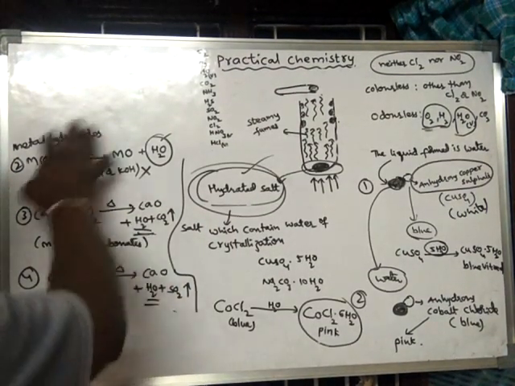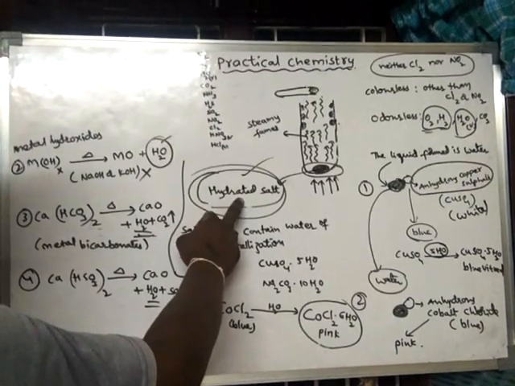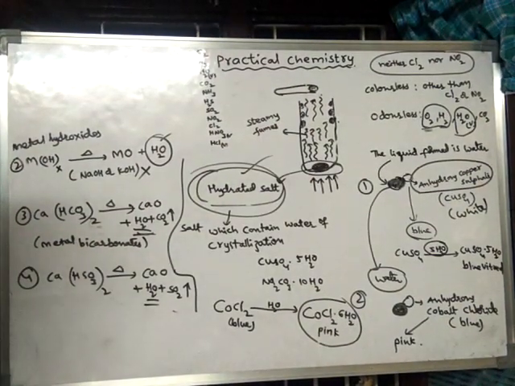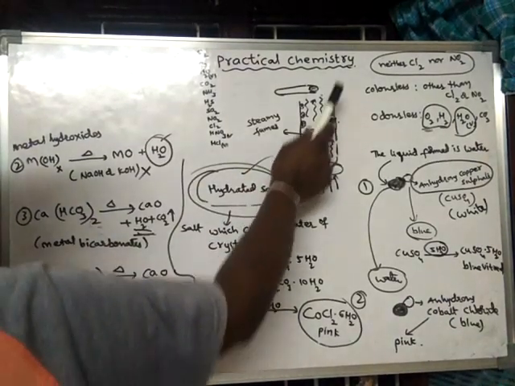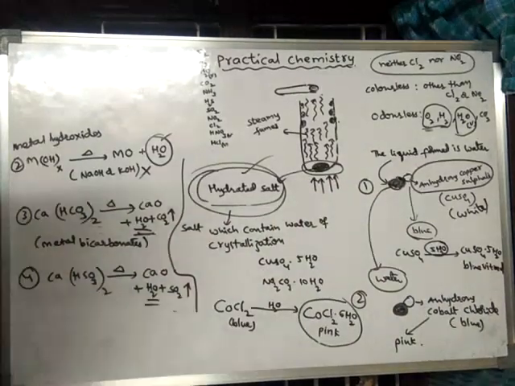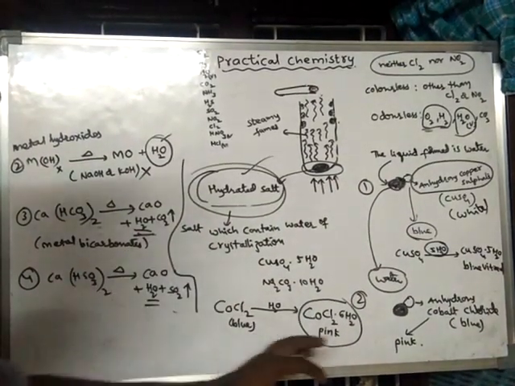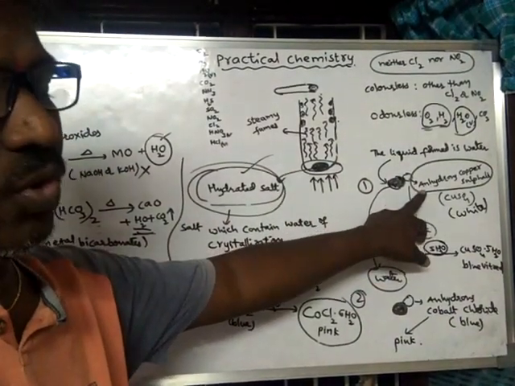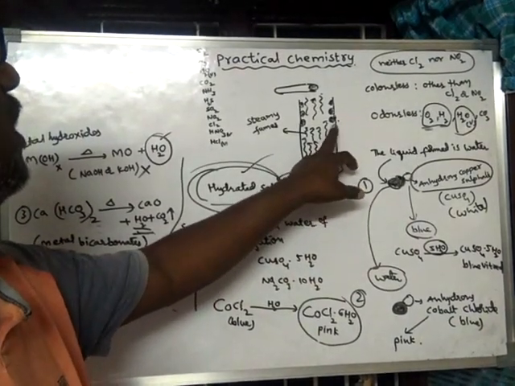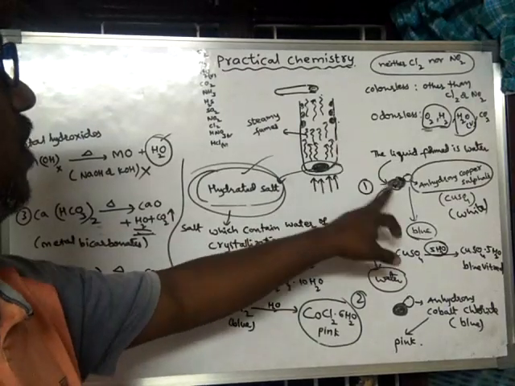So instead of taking all this, if we take a hydrated salt and heat it, then we can easily test the gas as water by performing these tests. That means the substances which help us to know that the given condensed gas is water.